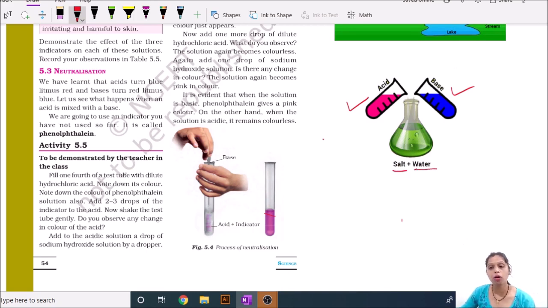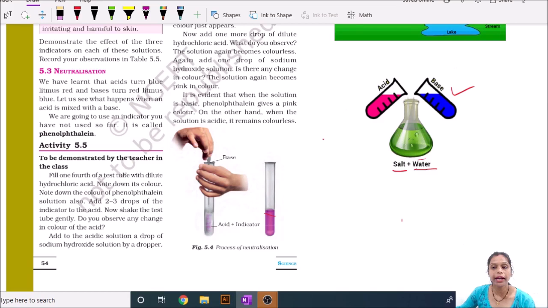And in this process, heat is also evolved. Then these are the processes of neutralization. And for understanding this, we will study here how it is possible, okay, and how we can experience the process of neutralization.